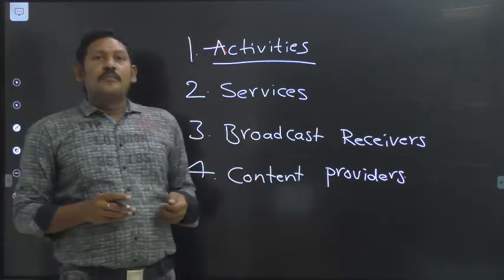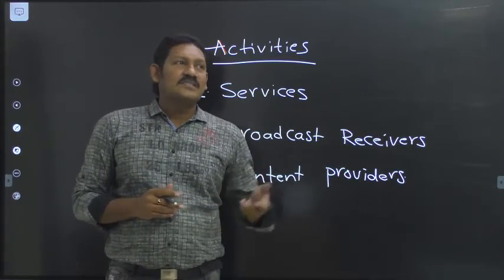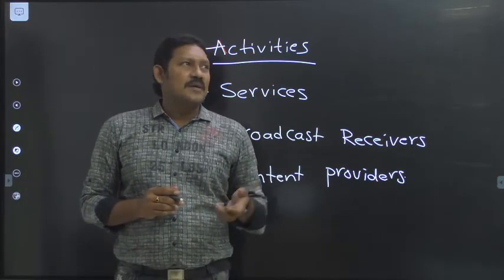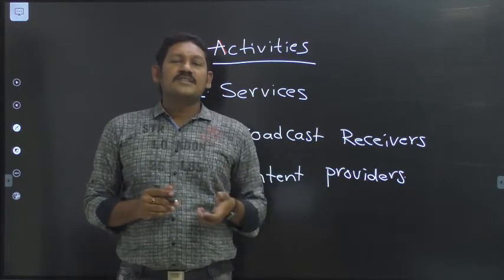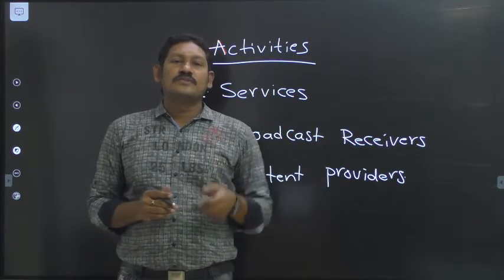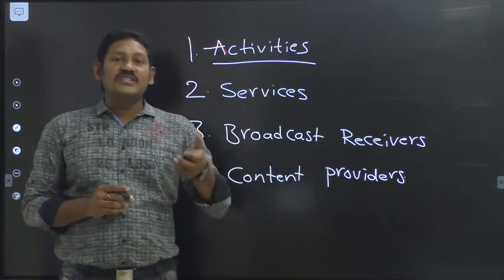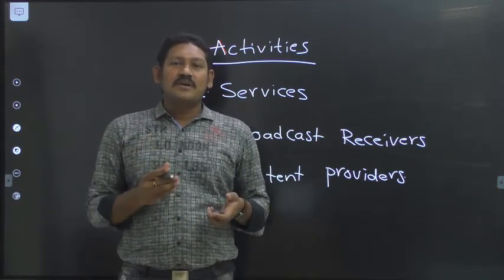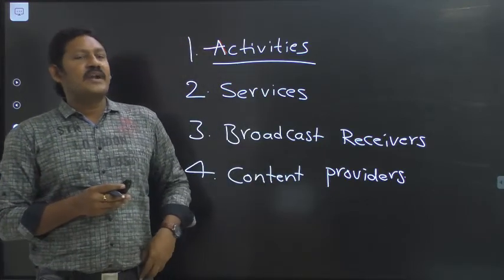Coming to broadcast receivers, they simply respond to broadcast messages from other applications. The best example is that applications can also initiate a broadcast to let other applications know that some data has been downloaded to the device and is available for them to use. The broadcast receiver will intercept this communication and initiate appropriate actions.